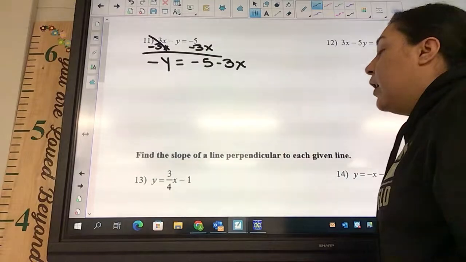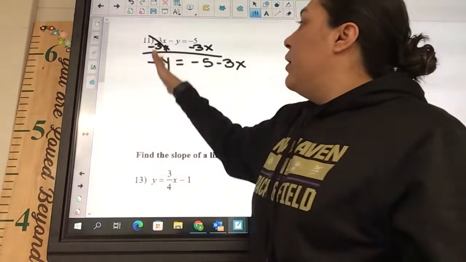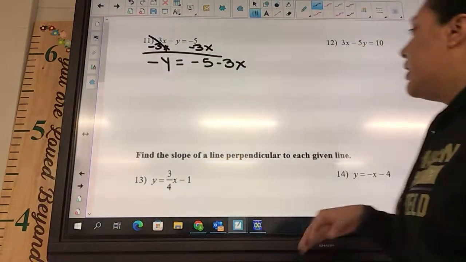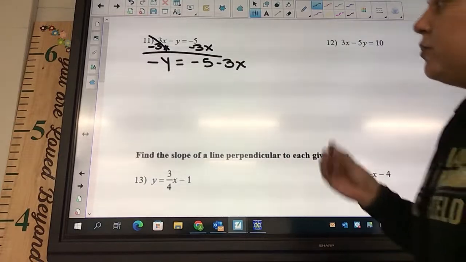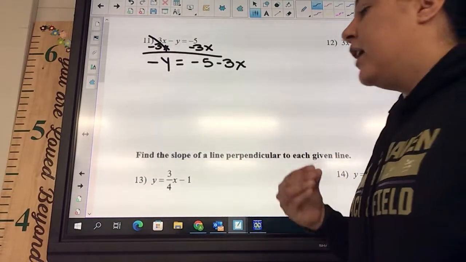There's really this imaginary 1 in front of here. So if there's a number that's attached to the y or just a negative, you're going to have to divide.